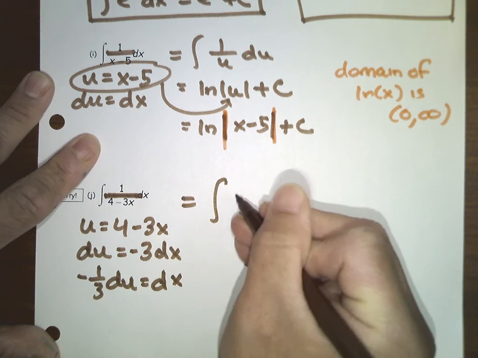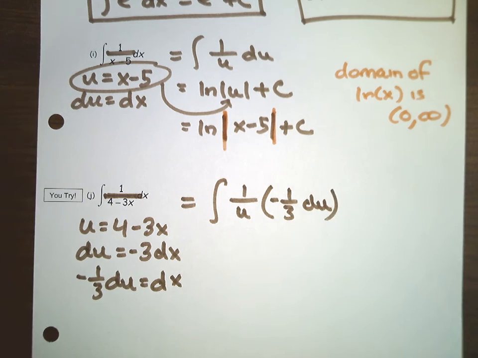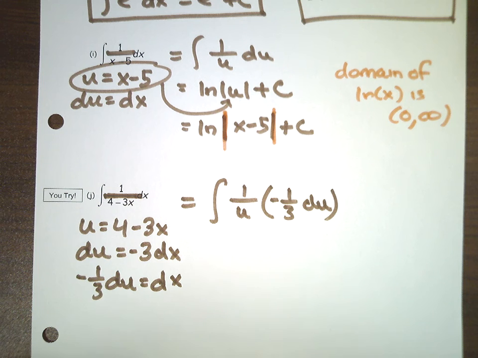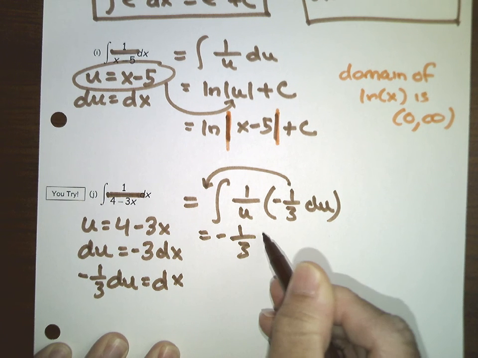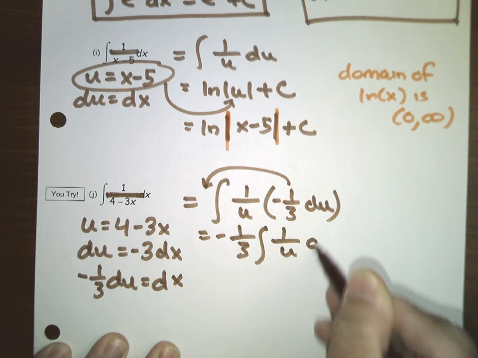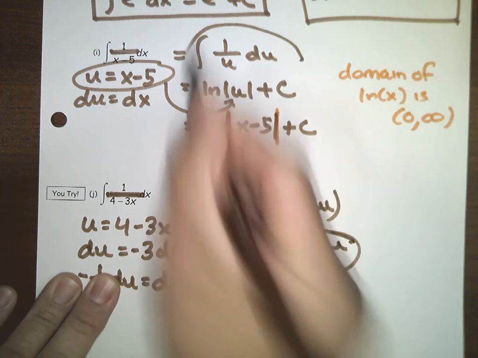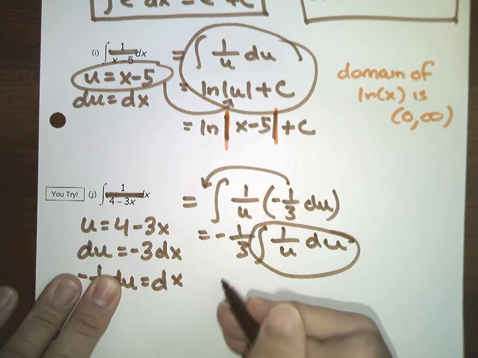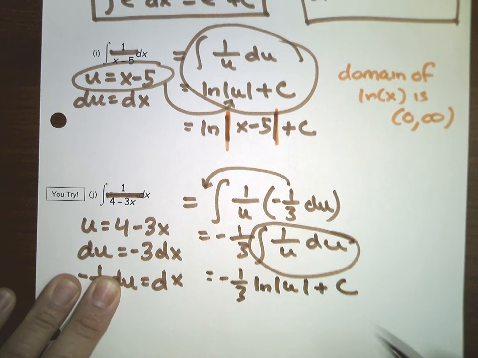So this integral becomes 1 over u times a negative 1/3 du. So I can bring the negative 1/3 out in front to get negative 1/3 integral of 1 over u du. But this integral is actually the same one I just did up here. So it's natural log of the absolute value of u plus c.